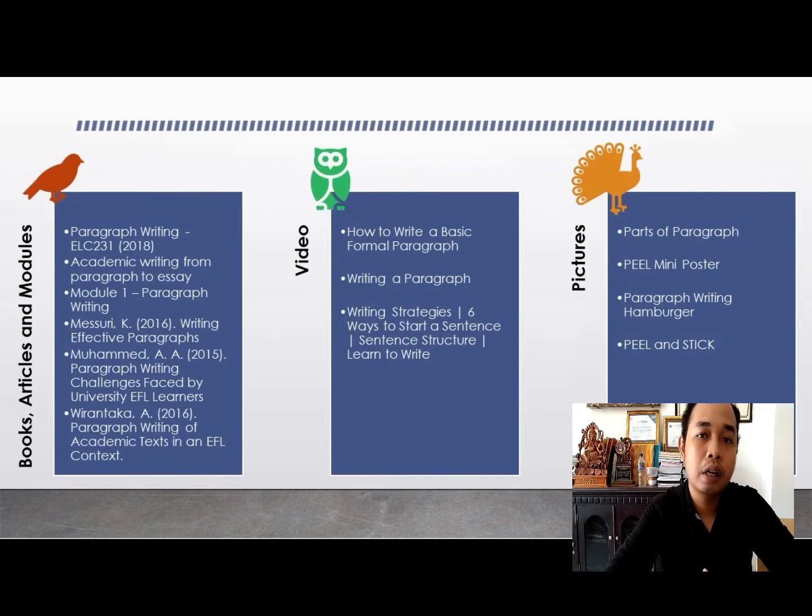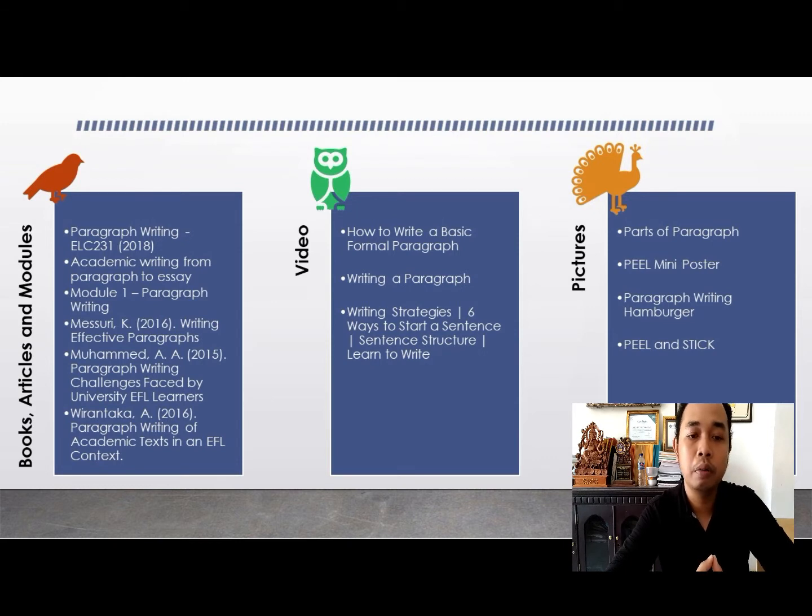So after you see the learning objectives, it's time to gather some materials to achieve the learning objectives. So here I provide some materials. It's from books, articles, modules, videos, and pictures.